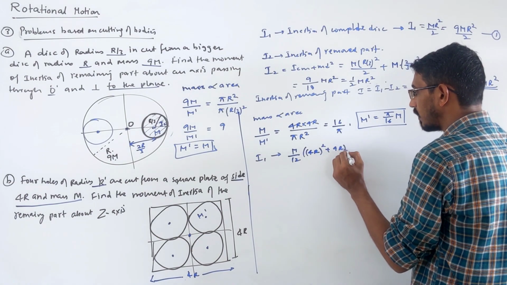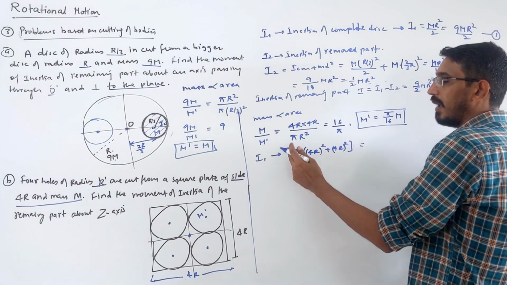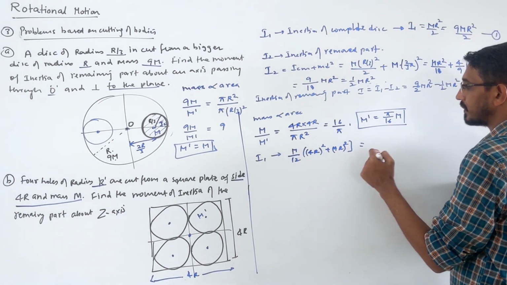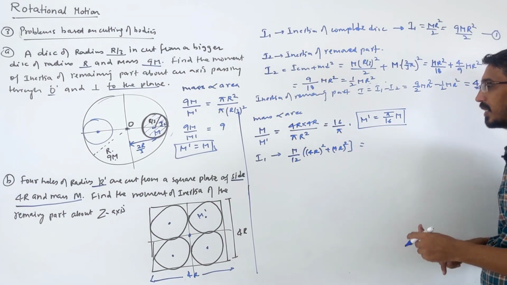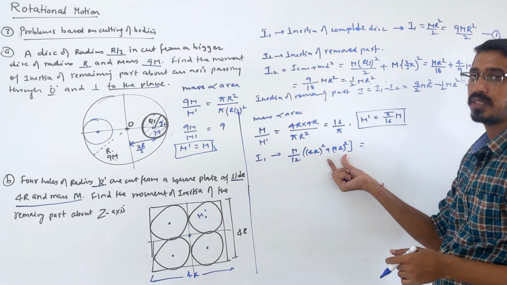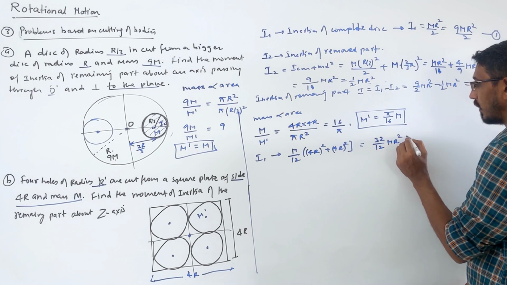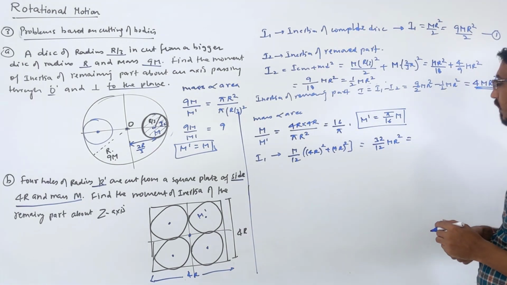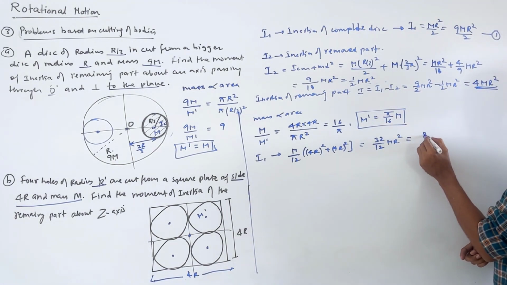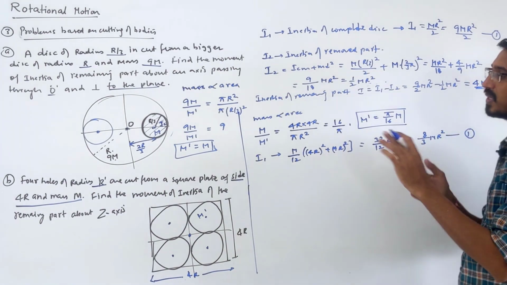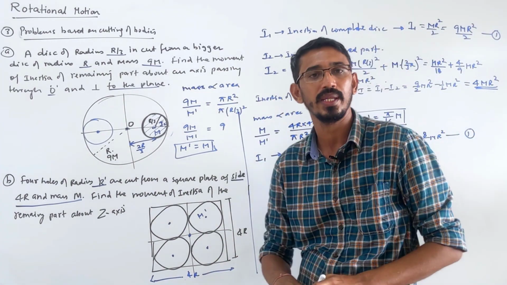So this becomes 32 by 12 of mr square. Dividing by 4, this becomes 8 by 3 of mr square, equation 1. This is the inertia of the complete square sheet before cutting.